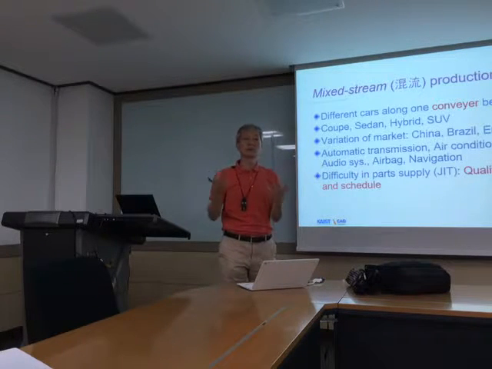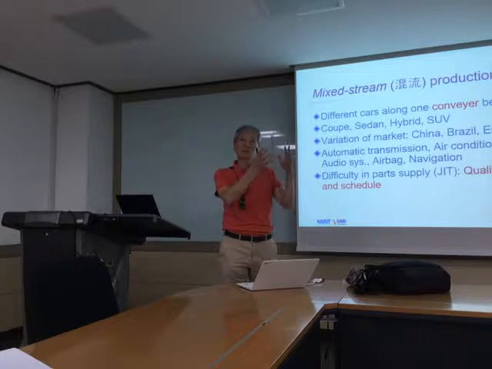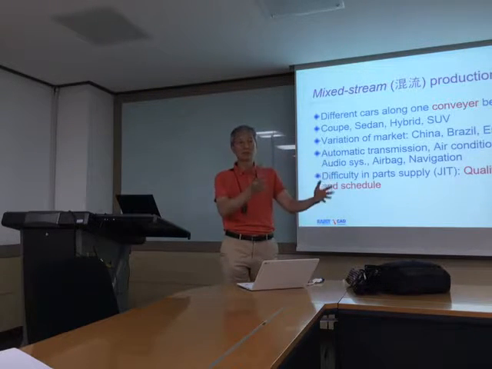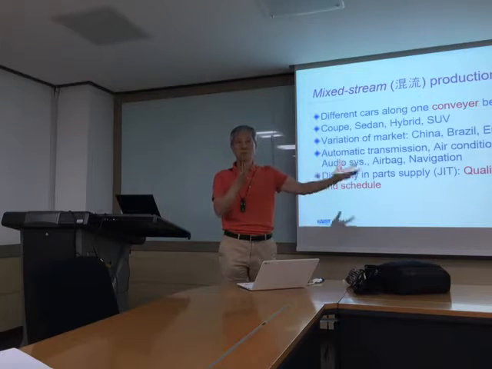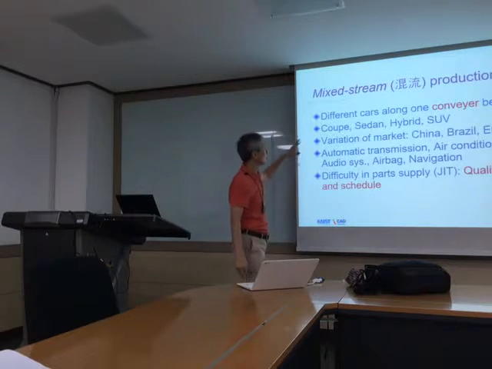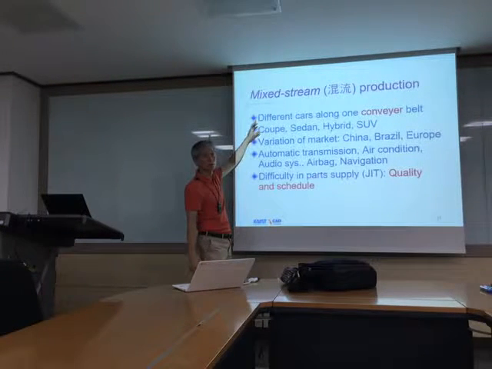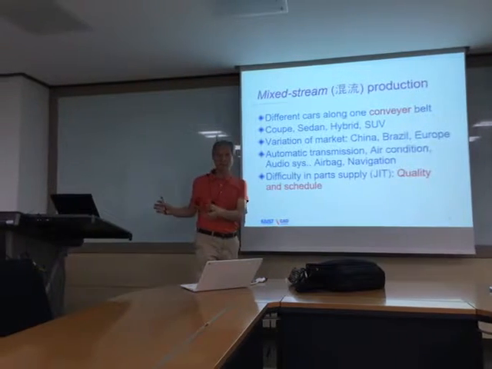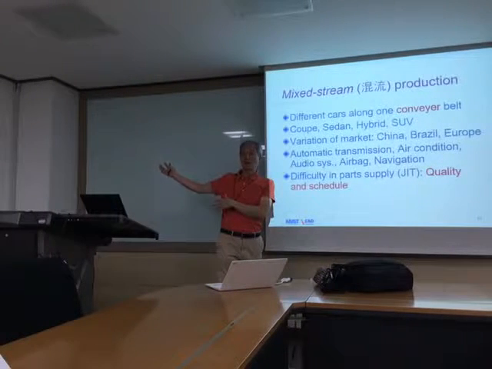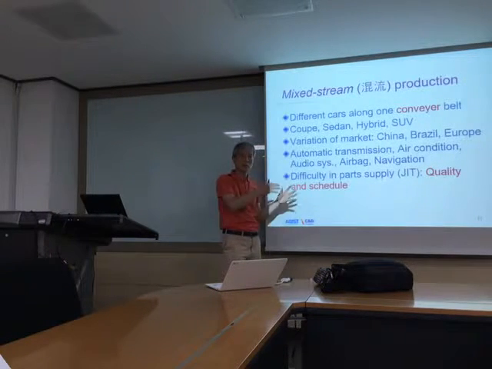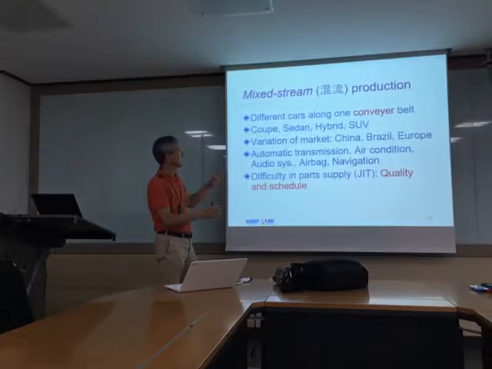Compared to the T1 car of Ford's Rouge factory, at that time it was the same car, same specification, same parts, and now it's all a mixture. Then how can you control the delivery of spare parts coming from outside, when cars come in different types?